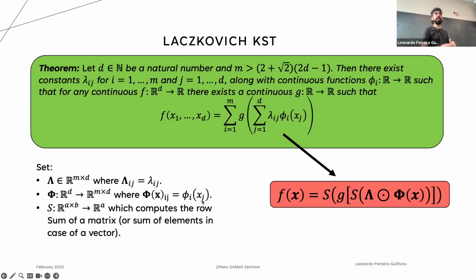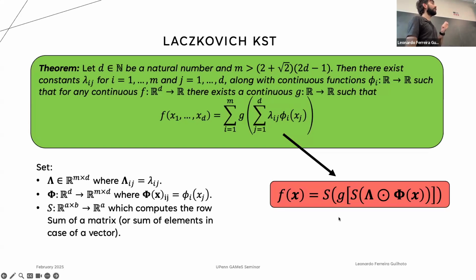I'm going to call this the inner function expansion. It expands and gives you all the possible combinations of phi i of xj. And this S function computes the row sum of a matrix, or the sum of the elements if the argument is a vector. So using this notation, this same formula can be written in this form.